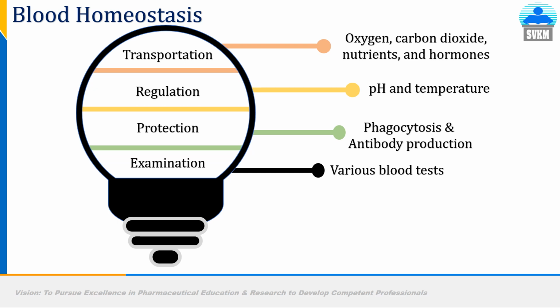So in this fashion, through the transportation of essential elements, maintaining the pH and temperature of the body, providing protection against diseases, and blood tests done by healthcare professionals to find the root cause of disease, in these four manners the blood regulates the homeostasis of the body.